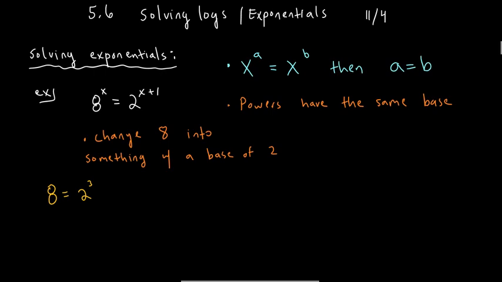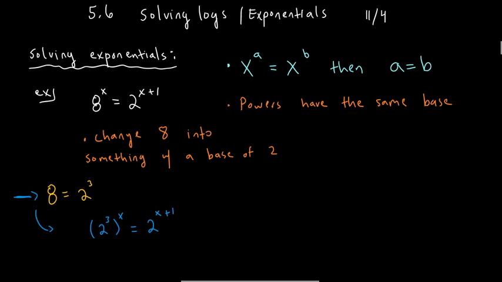And so the technique is to change that 8 into 2 to the third power using the fact that these are equivalent statements to rewrite what I had as 2 to the third power to the x, equals 2 to the x plus 1. So I'm using this equivalency and substituting. That's substitution.